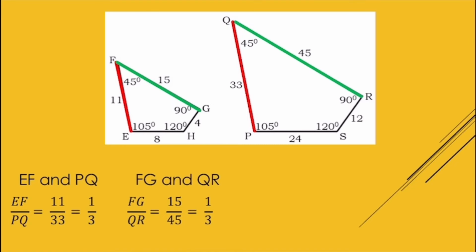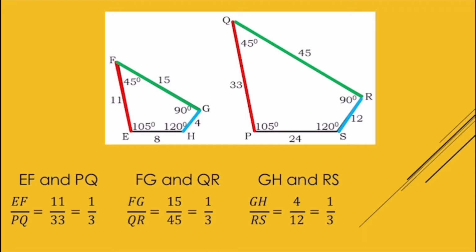For our third corresponding sides, let's get line segment GH and line segment RS. To find the ratio of corresponding sides, we have GH over RS. And let's substitute the values. We have 4 over 12. And the lowest term again is also 1/3.